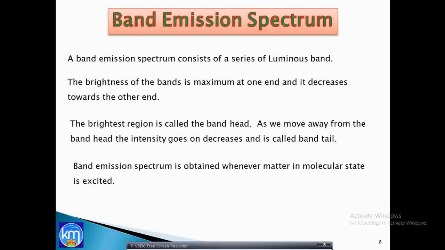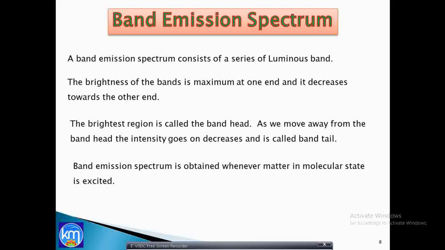Remember, the band emission spectrum is also called a molecular spectrum. Why? Because whenever we have the material in the molecular state and we excite it, the resulting spectrum will be the band emission spectrum. The line emission spectrum is the signature of atoms, and the band emission spectrum is the signature of molecules.